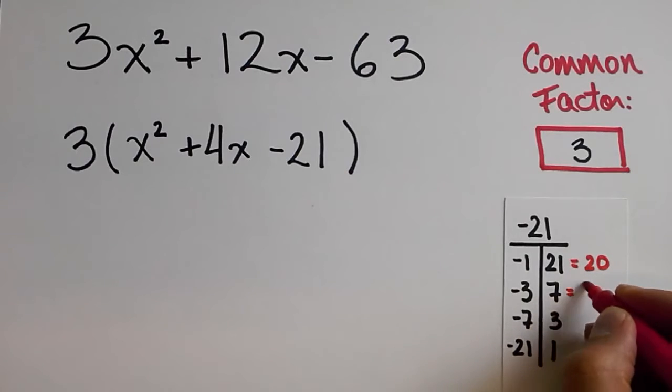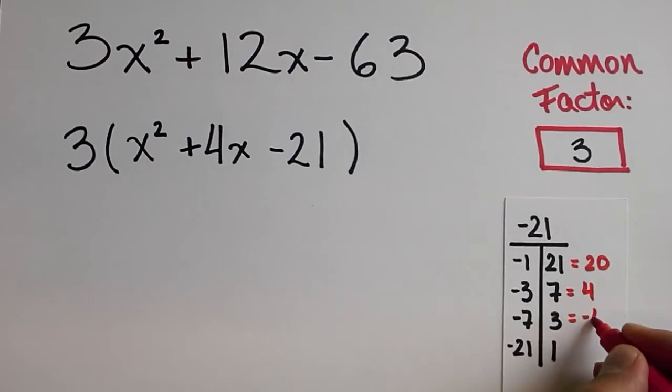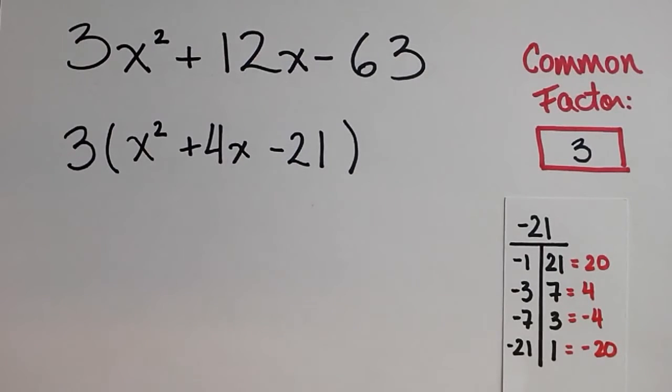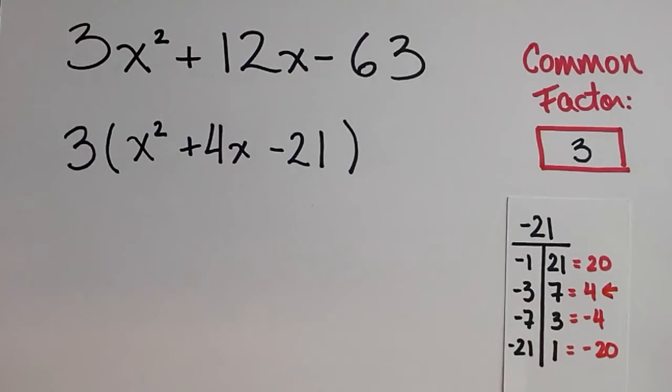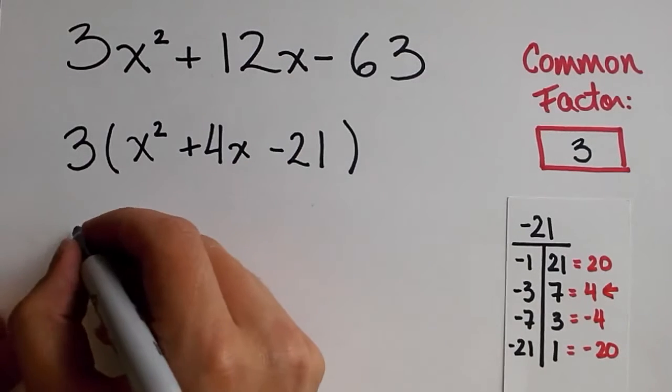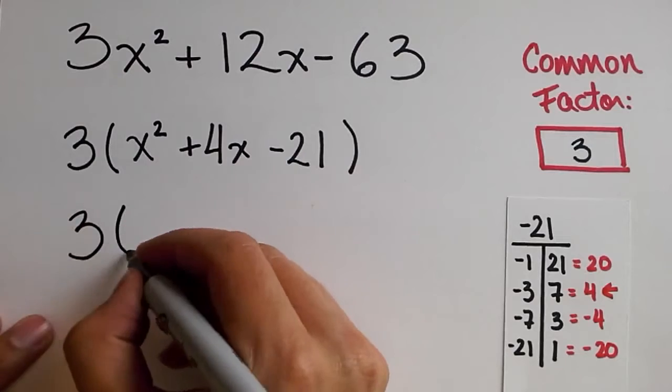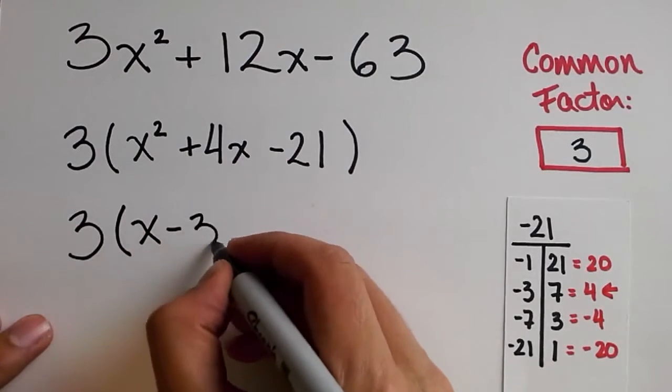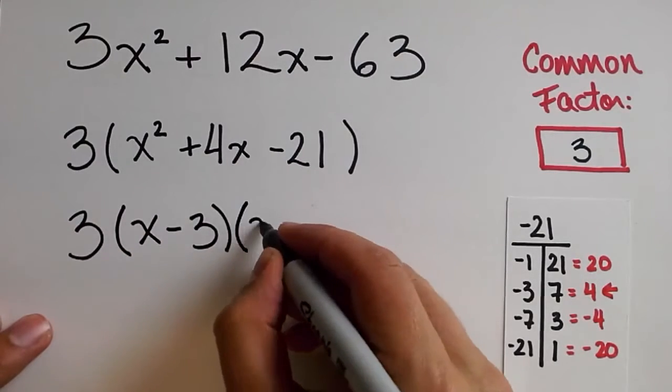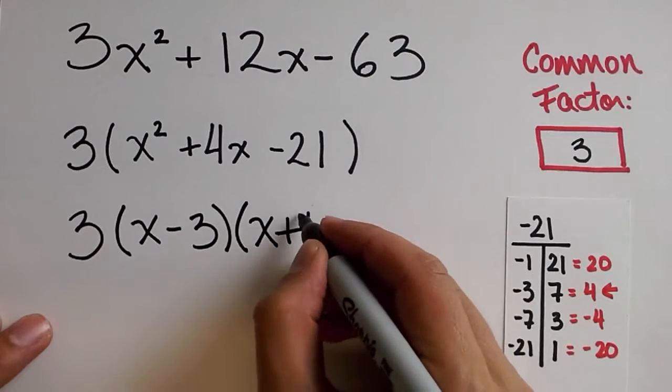When I add the next ones, I obtain 4. The next one's negative 4. And the next one's negative 20. That means that the factors that I want to use are these guys in the second row, which would give me 2 parentheses, one with x minus 3, and the second parenthesis with x plus 7.